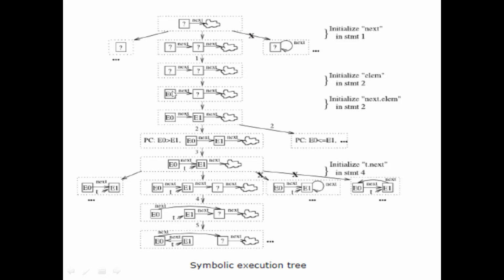So we are checking all the combinations of element 0, element 1, and element 0. The next pointer points to the second node, and the second node's next pointer points to the first node. If the condition E0 is greater than E1, we are arranging the numbers. In that case, the first node, second node, and then the pointer next points to the next element.